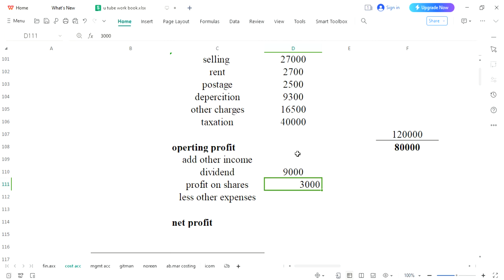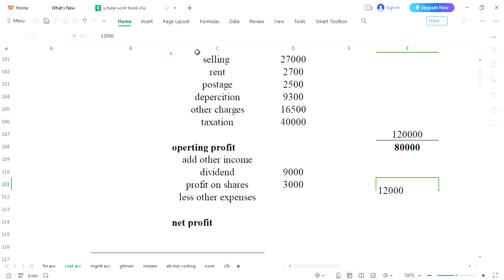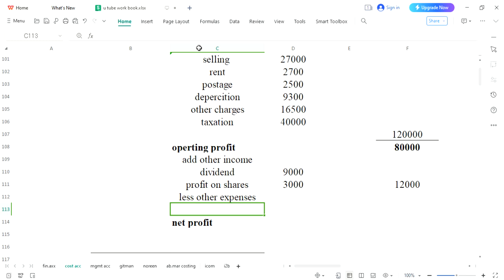Over here we will take sum of these amounts, that would be 12,000. Look at here, 9,000 plus 3,000, it would be 12,000. And we have other expense as well. Let's see what is other expense.